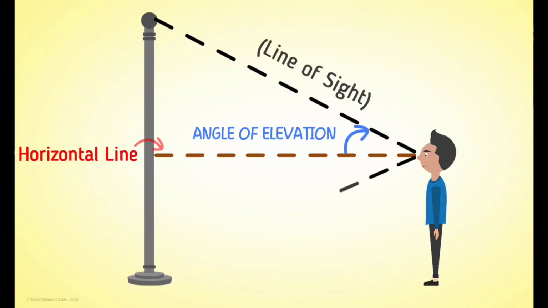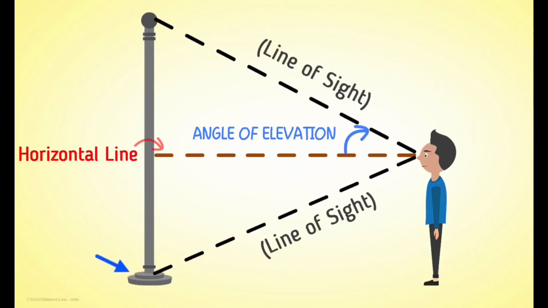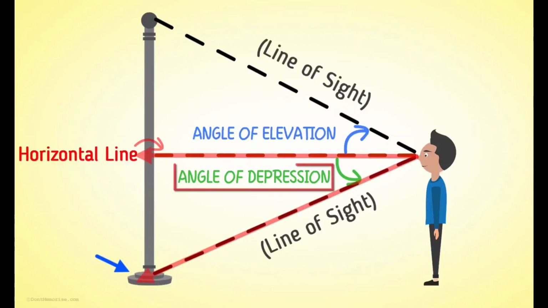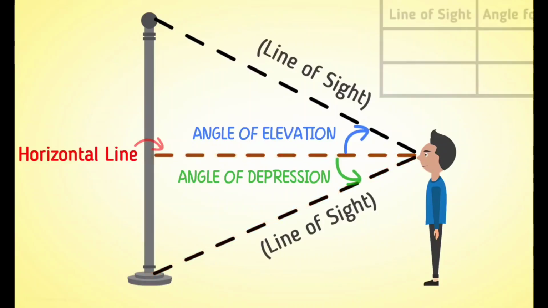If he is looking to the foot of the pole, the line of sight came to the bottom or the floor of the pole. So the angle between the horizontal line and the line of sight is called angle of depression. So here we can see two type of angles, the angle of elevation and angle of depression.